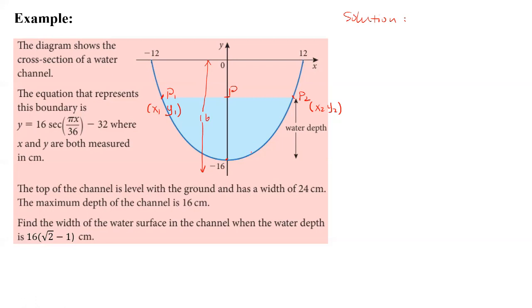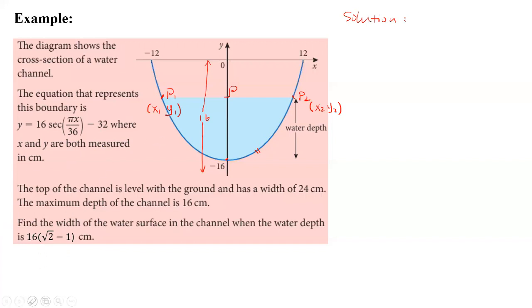So basically we know the equation of this curve, right? And we also know that the x coordinate of P1... sorry, let me restate this question. Just made a mistake there. Actually, we know the water depth, right?